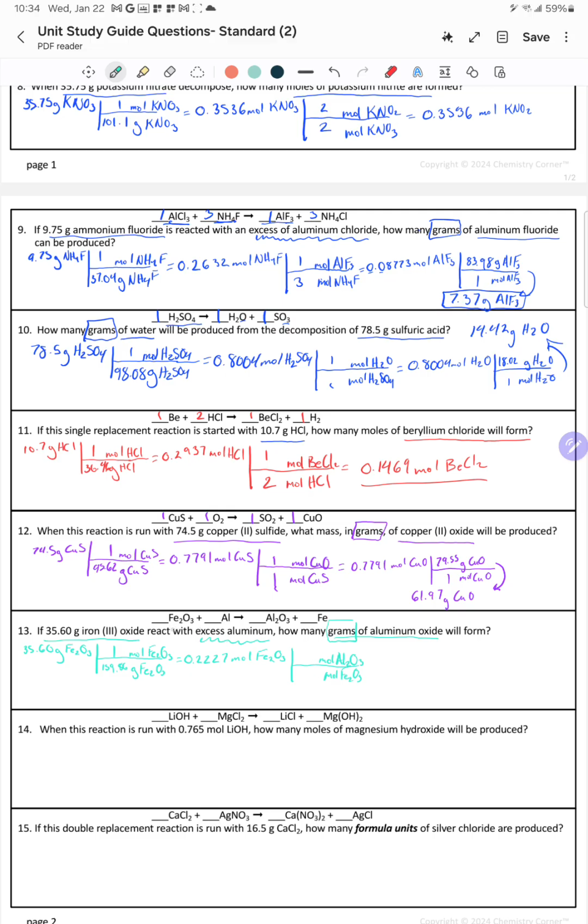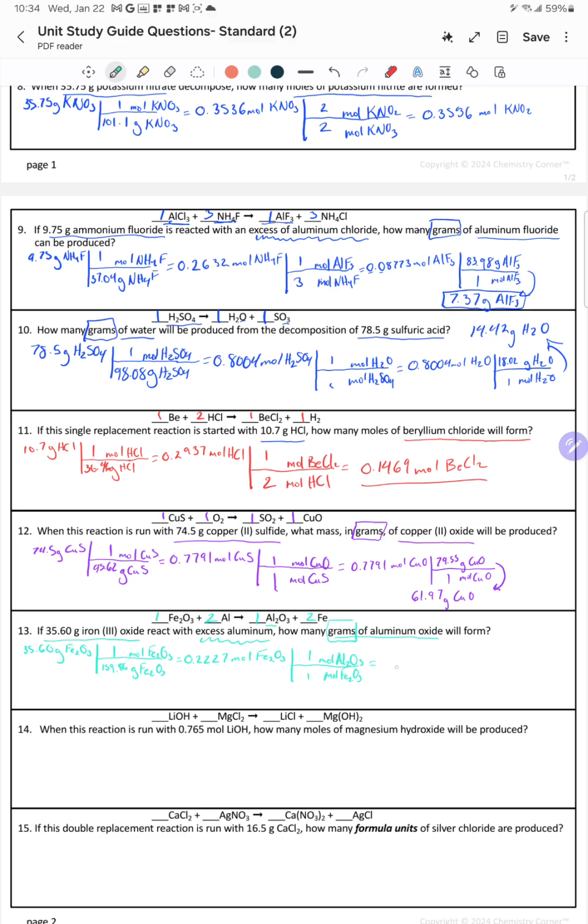I have 2 iron on my reactant side, 1 iron on my product, so I need to change that to a 2. Then I have 3 oxygen and 3 oxygen, and then 1 aluminum, then 2 aluminum. So I need a coefficient of 2 over here, and these will be 1s. So I look at my aluminum oxide, and this is a 1:1 ratio. Makes life easier.